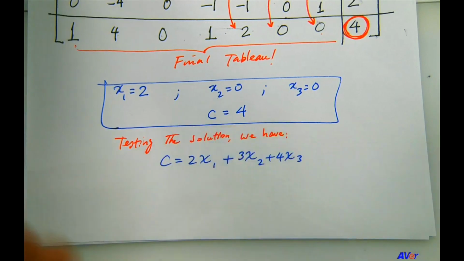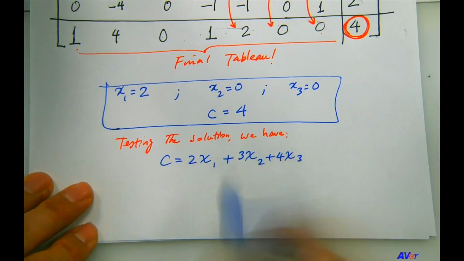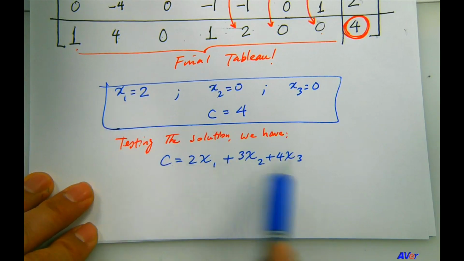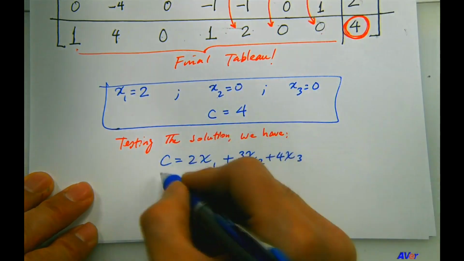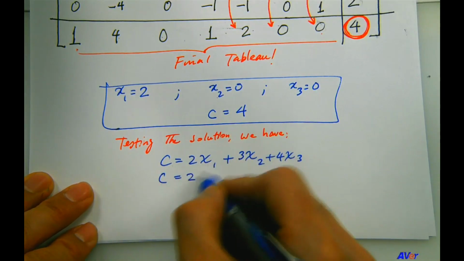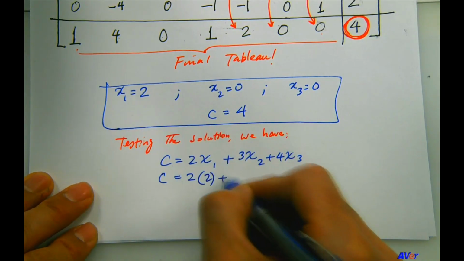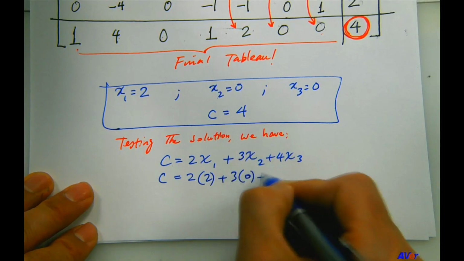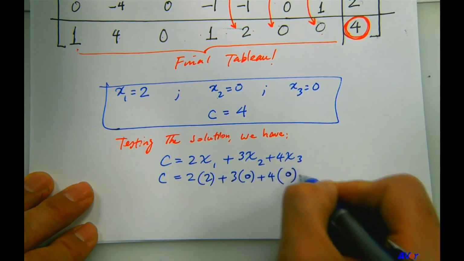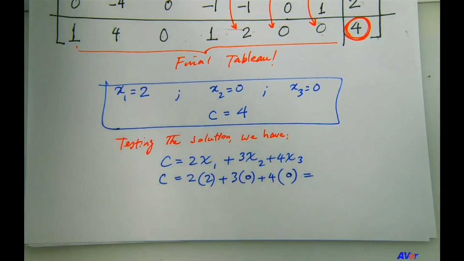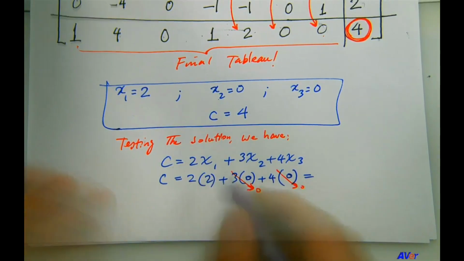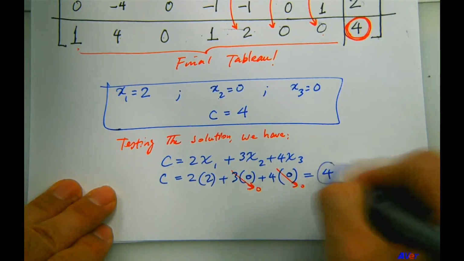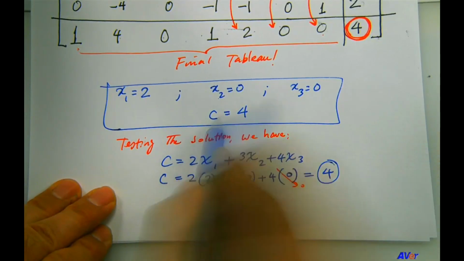So if we plug in for x1, x2, x3 with these values, we should get 4 for c. Let's see, do we get that? So c equals 2 times 2 plus 3 times 0 plus 4 times 0. This is just 0. That's just 0. 2 times 2 is 4, which is equal to the value that we found from the tableau.